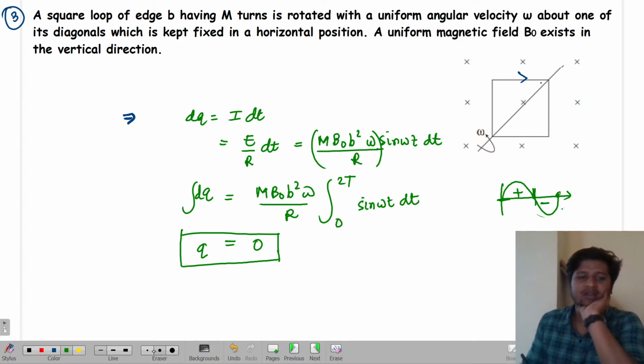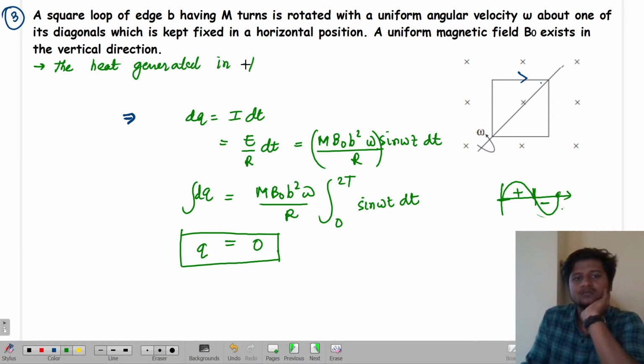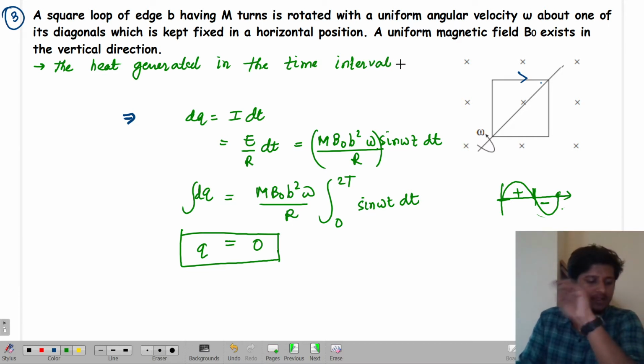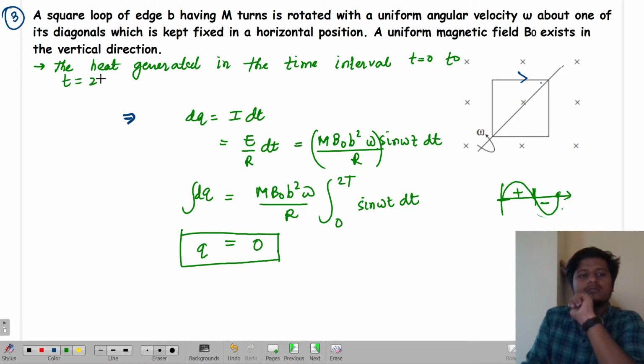Since this loop has some current in it, what you have to calculate is the heat generated in the time interval t equal to 0 to t equal to 2t. Now do it.